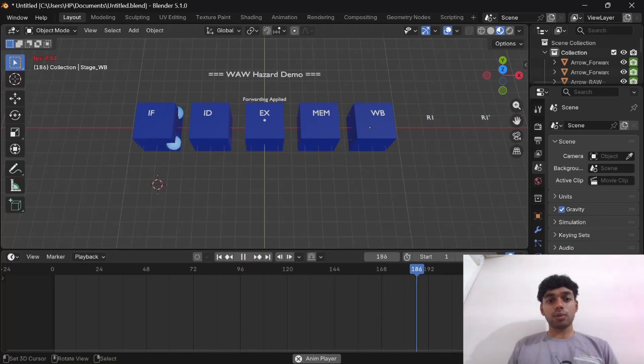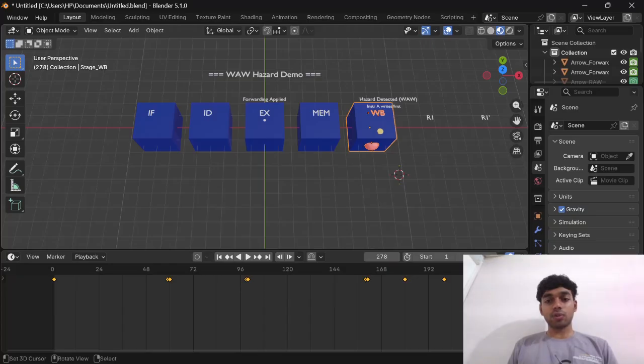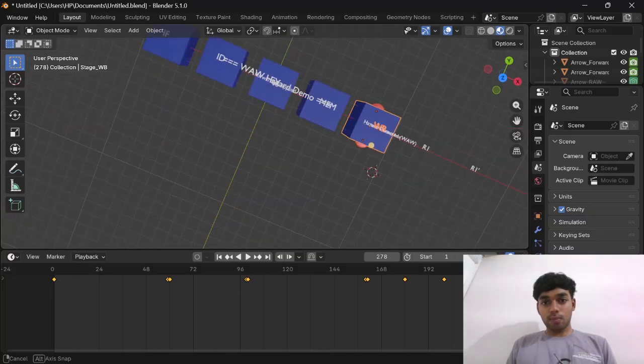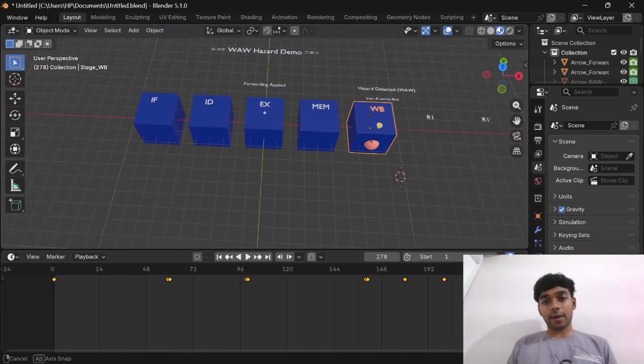As we can see, both of the instructions are moving parallelly, and as they reach this section, we can see that those spheres are in red color. If I change the view, both of the spheres are in red color, indicating dependency has arrived.